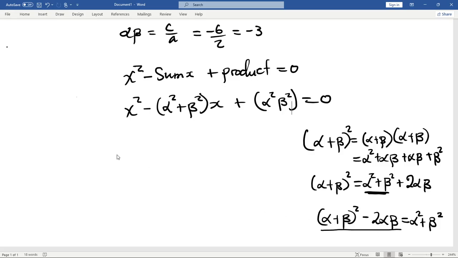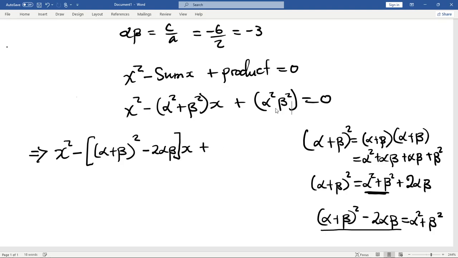So this will just be x squared minus open brackets alpha plus beta squared minus 2 alpha beta, close, x, plus, now alpha squared times beta squared is the same as alpha times beta squared, equal to 0.